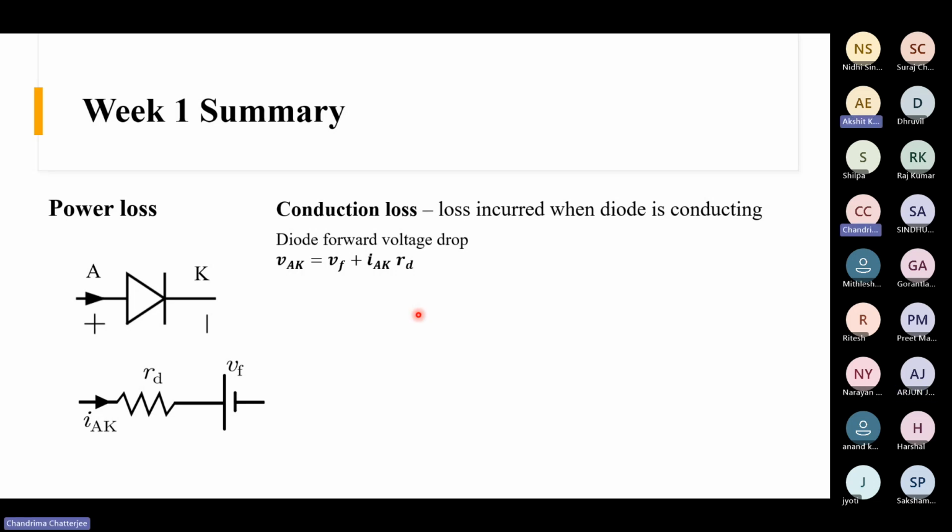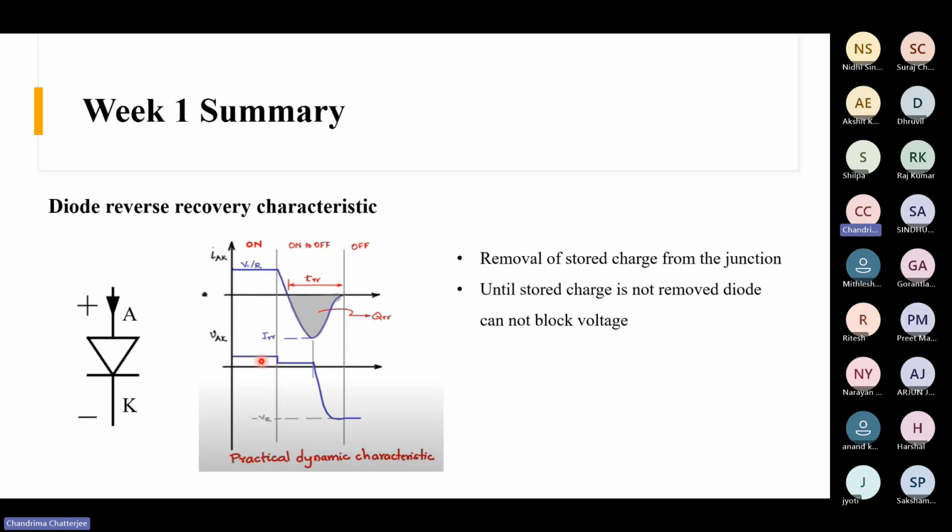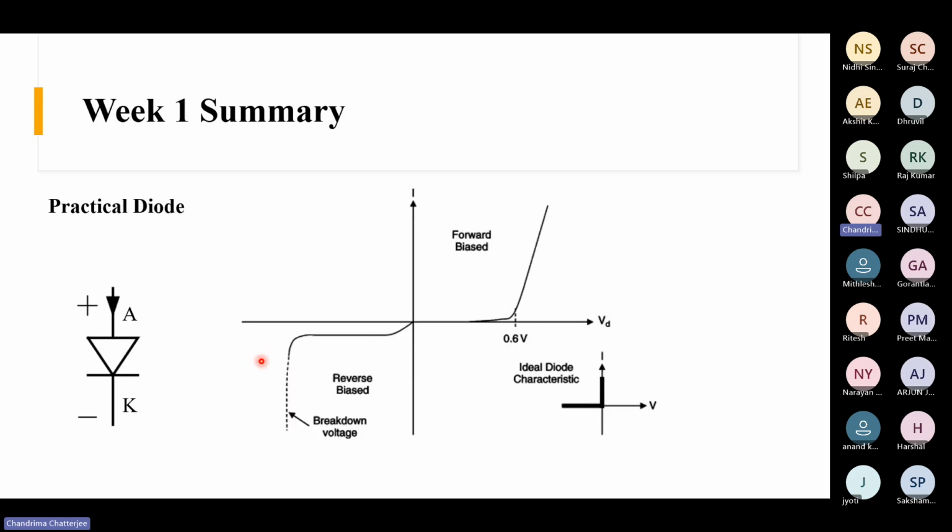Okay, so what is VF? VF is this voltage. Earlier we saw that there is some threshold voltage, right? Here it is 0.6 volt. For some diodes it can be 0.7 volt or lesser, or somewhat greater than that.